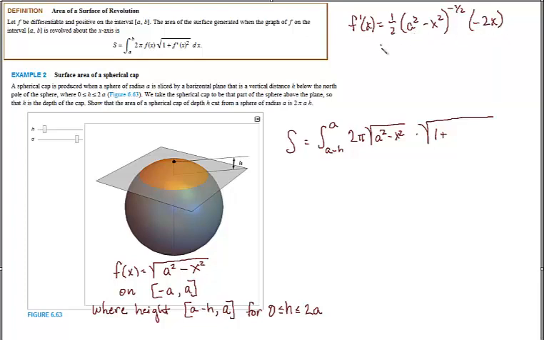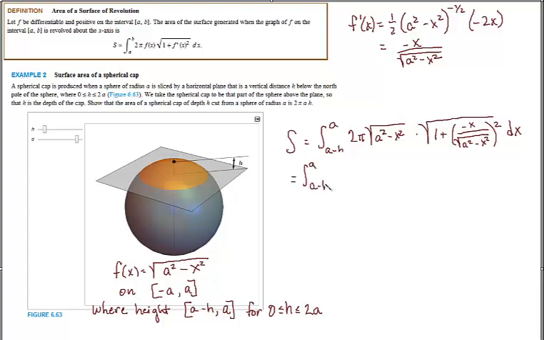Making this a little bit prettier, it's just going to be -x over the square root of a squared minus x squared. Plugging that into my formula, I have -x over the square root of a squared minus x squared, quantity squared, with respect to x.